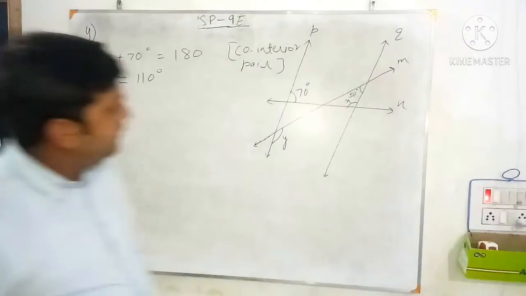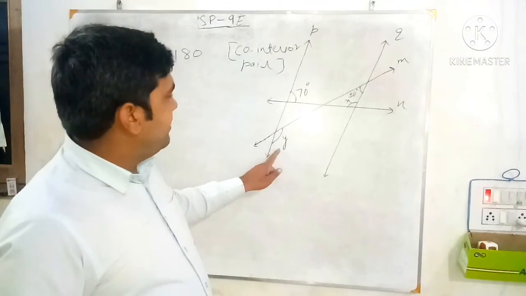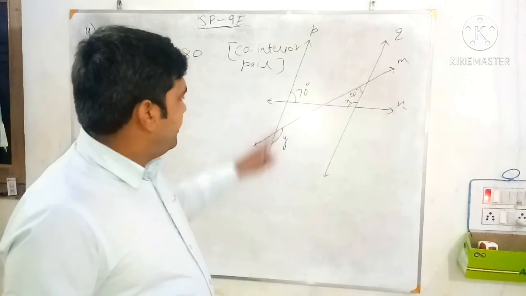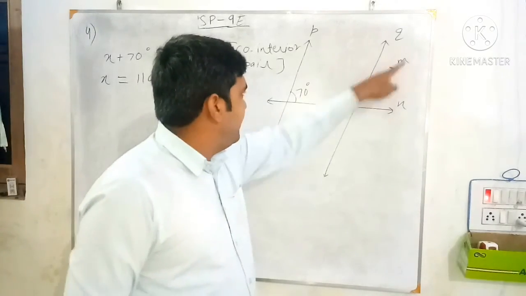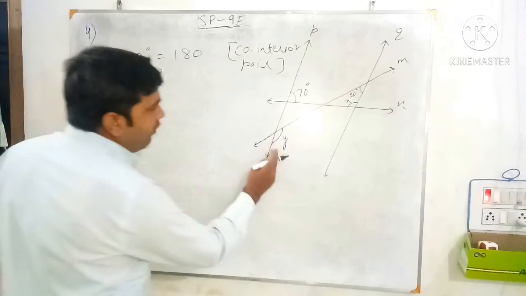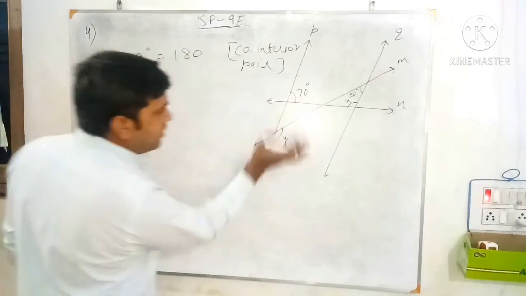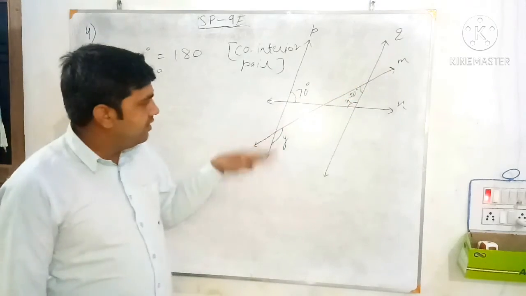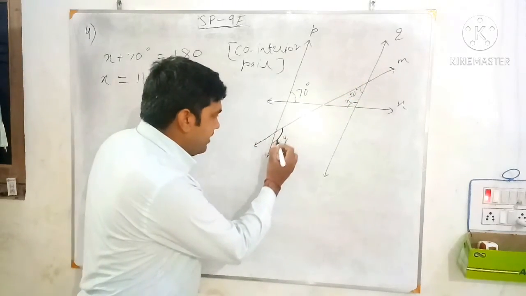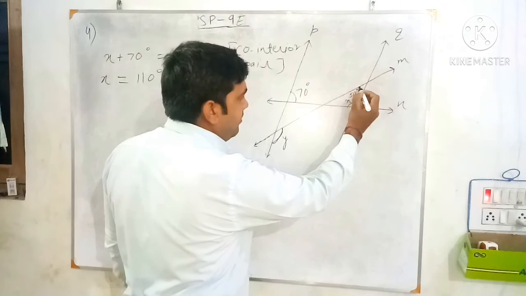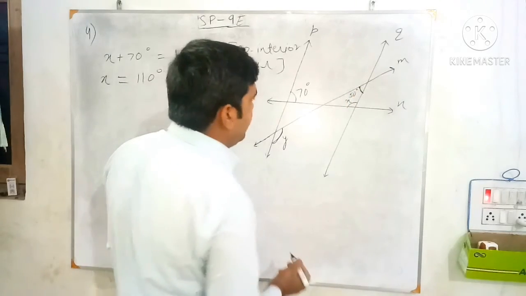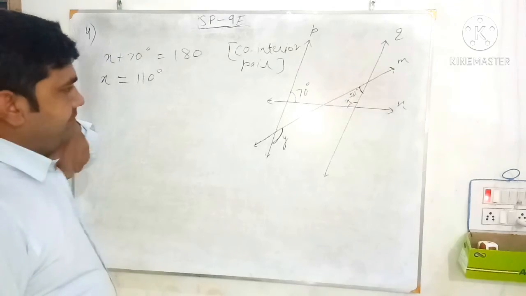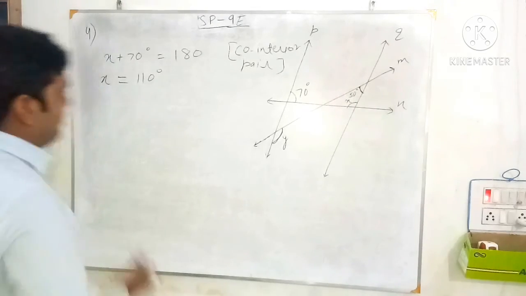Now similarly, to find this angle y. These two lines P and Q are parallel and M is the transversal. Angle y and 50 both are on the same side of the transversal, so these are also supplementary.